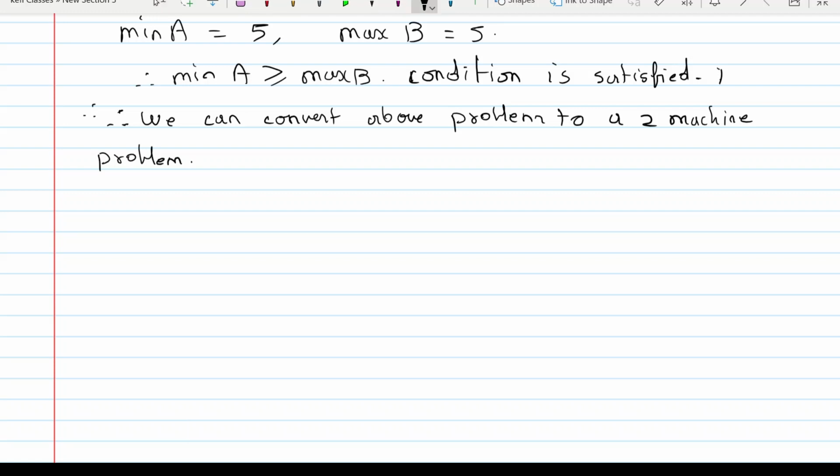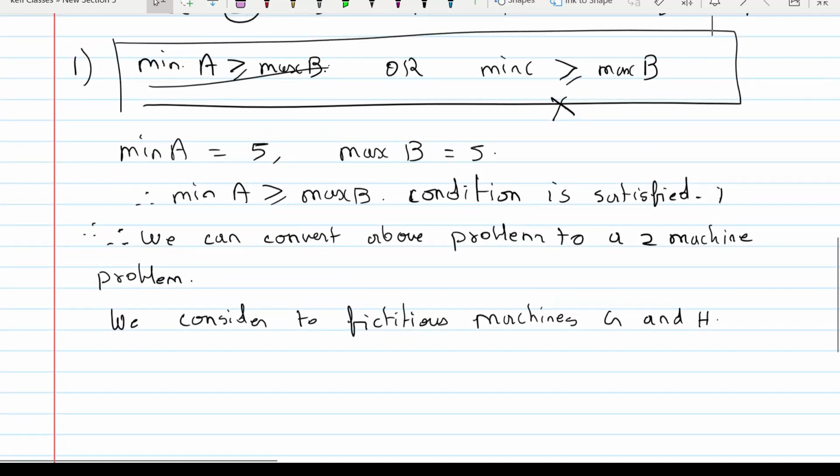We will consider two fictitious machines, G and H. They are fictitious, they don't exist, they are not there as such.